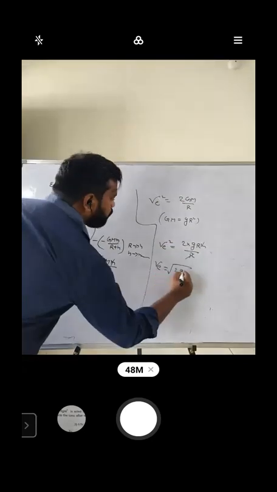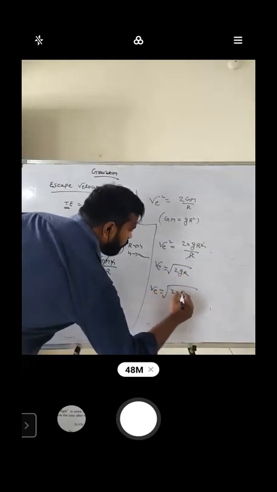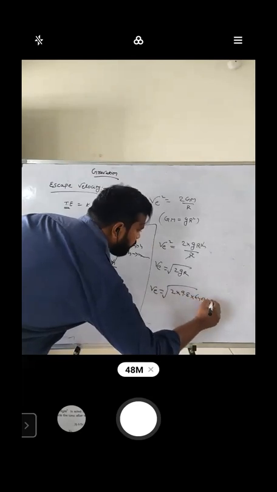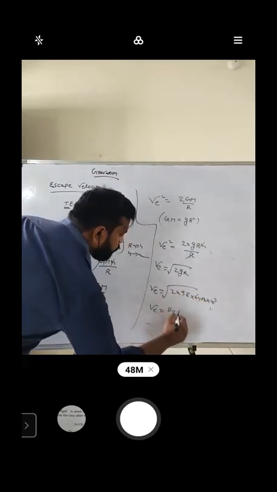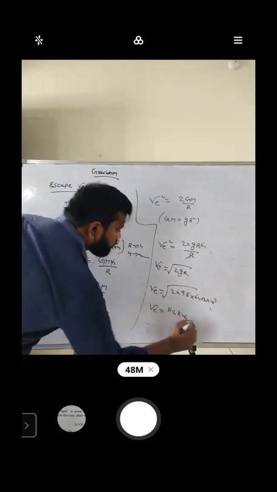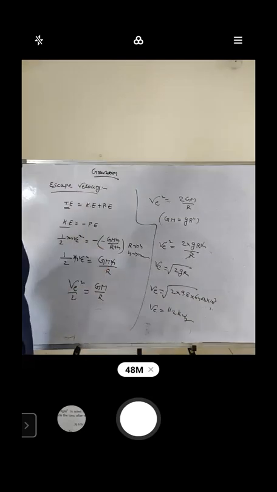So V equals root over 2 into 9.8 into 6400 into 10 power 3. So escape velocity is 11.2 kilometer per second, right? Orbital velocity, I told you, is 7.92. Escape velocity we got is 11.2. Compared to orbital velocity, is escape velocity more or less? More.